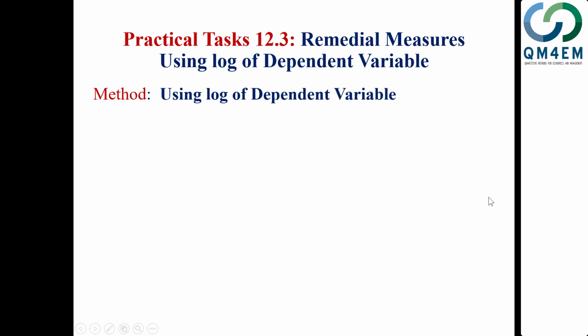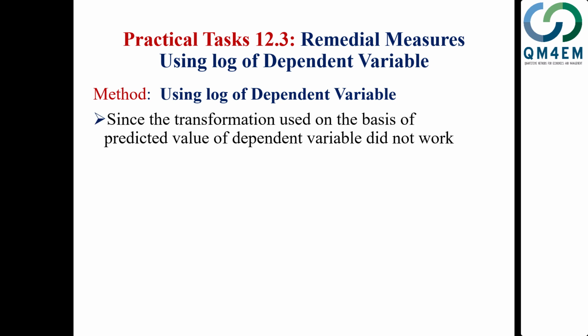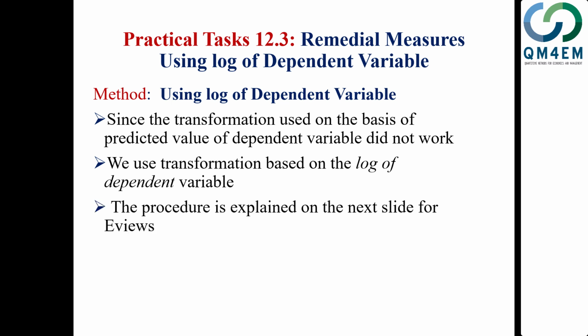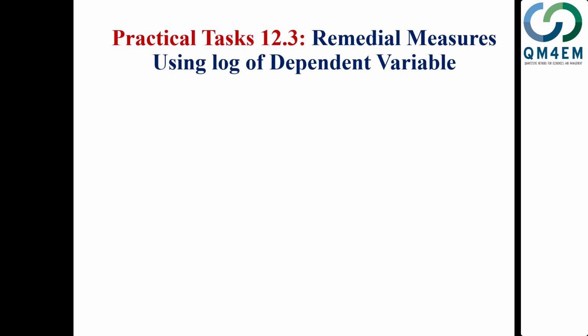This task is slightly simpler compared to the previous task. We use the log of the dependent variable in this method, and we use it in the transformation because the previous method of using the predicted value of the dependent variable did not work. So we transform our dependent variable, then use the procedure on the next slide, and see if this procedure works.